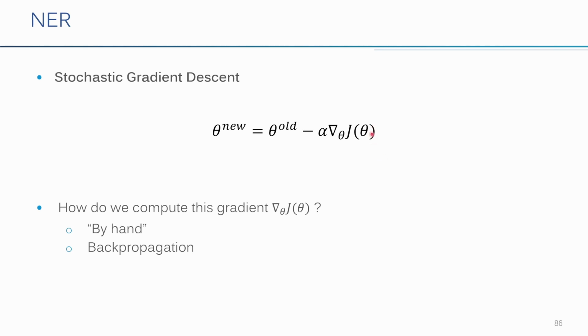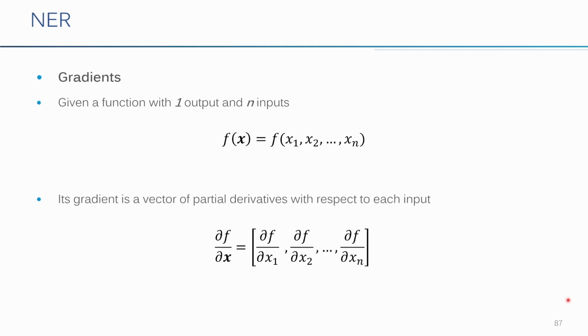But here we're talking about a bunch of different weights and biases. We can do this by hand, and then we backprop all these values throughout the entire neural network, and later we'll see how this actually works. It's important to remember that this alpha simply tells us how fast we want to move in gradient descent, okay?